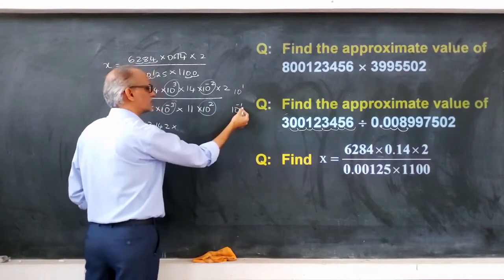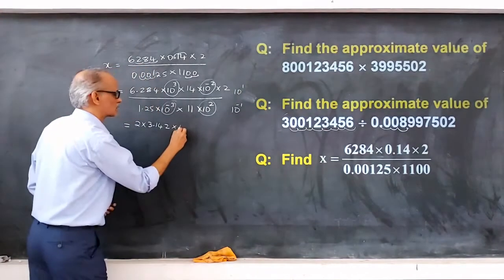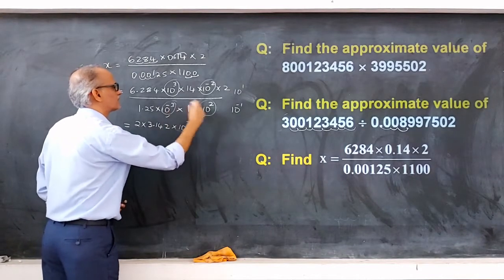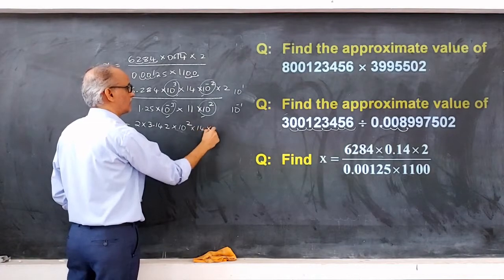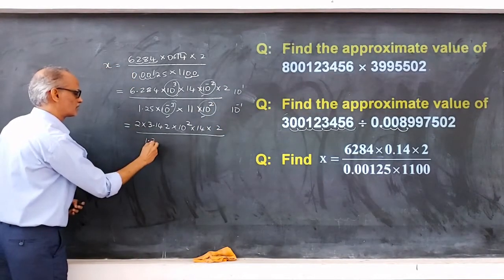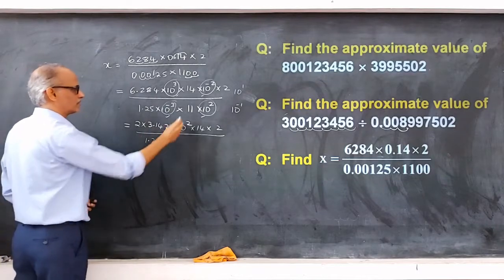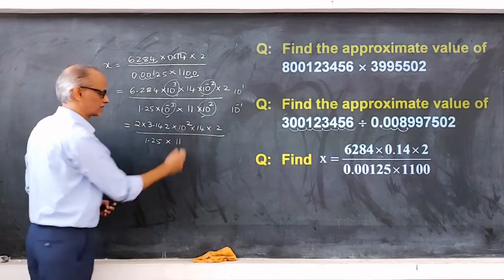Take this to the numerator, this becomes positive, plus 1 becomes plus 2, so 10 to the power 2. I have simplified all these powers, clear? Into 14, into 2, by 1.25, then into 11, clear?